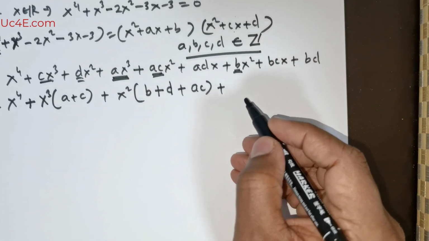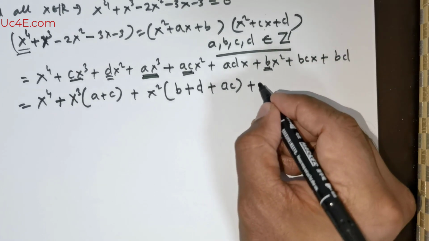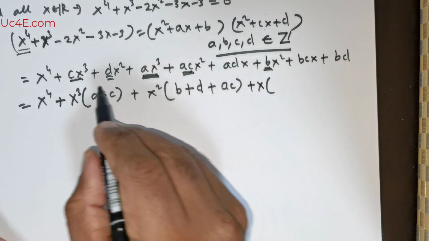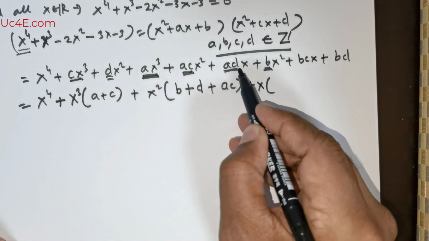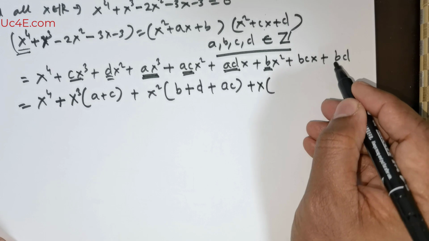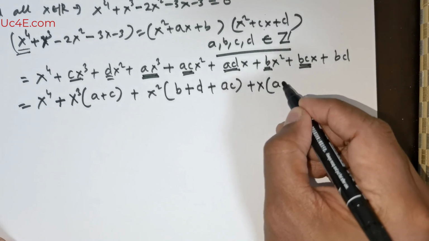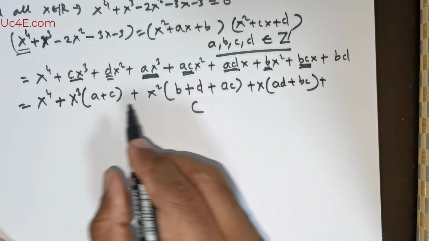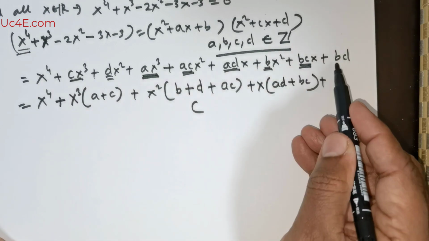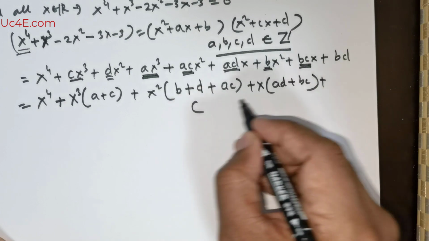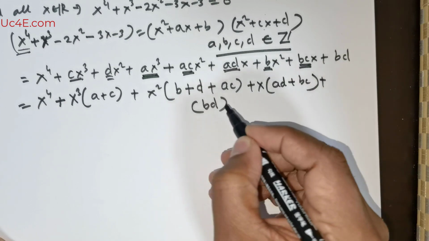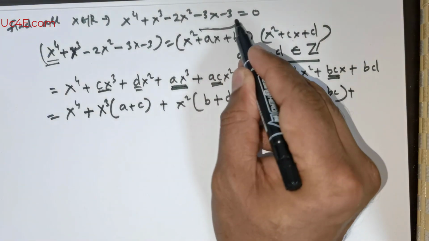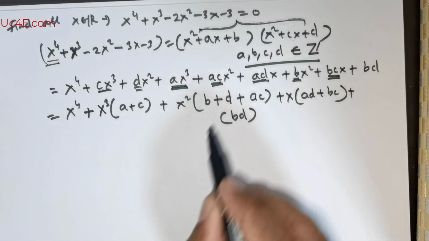And after the x squared term, I've got the x term. I've got ad, that's one x term, and then bc is another x term. And then the constant term. Where are the constants? I got b and d as constants, so let me just place them here. So this is the distribution of the quantity that we have on the right hand side.